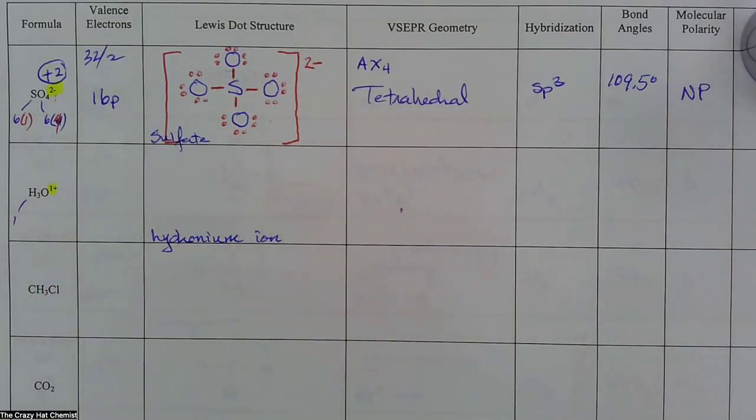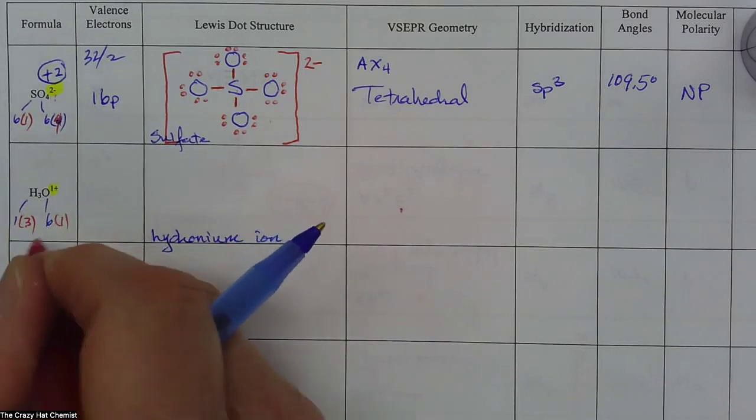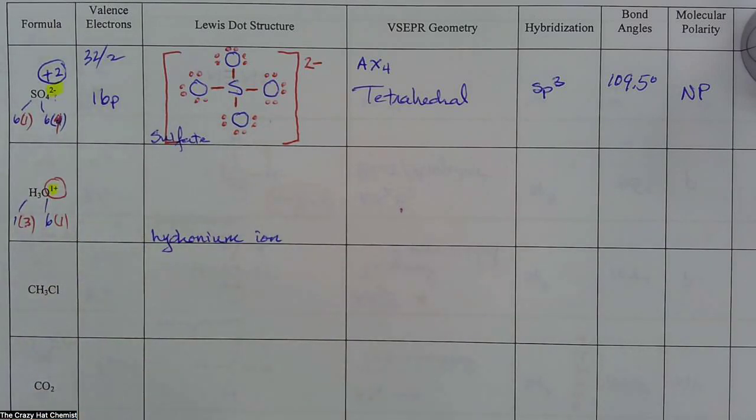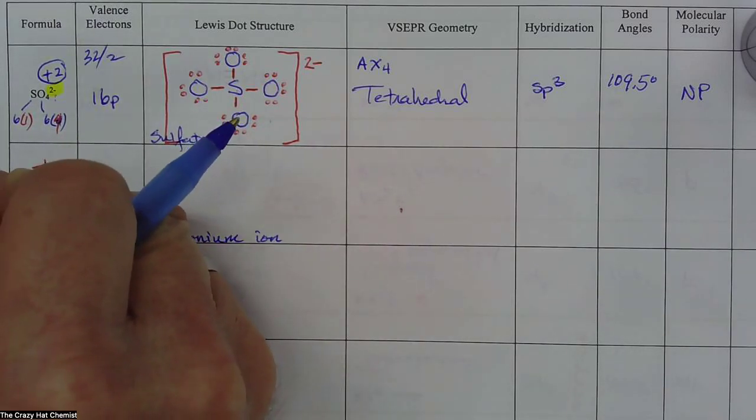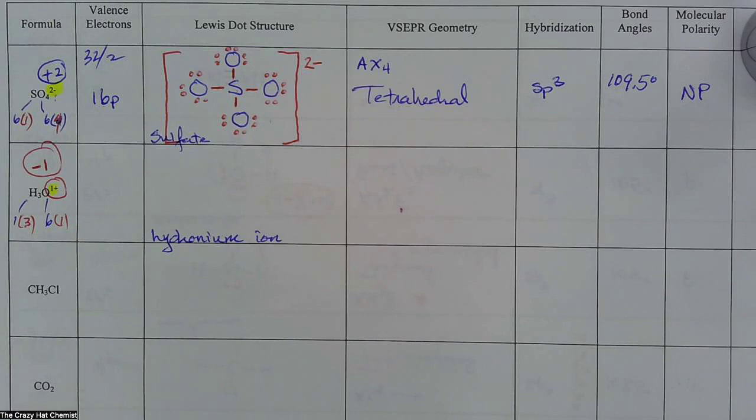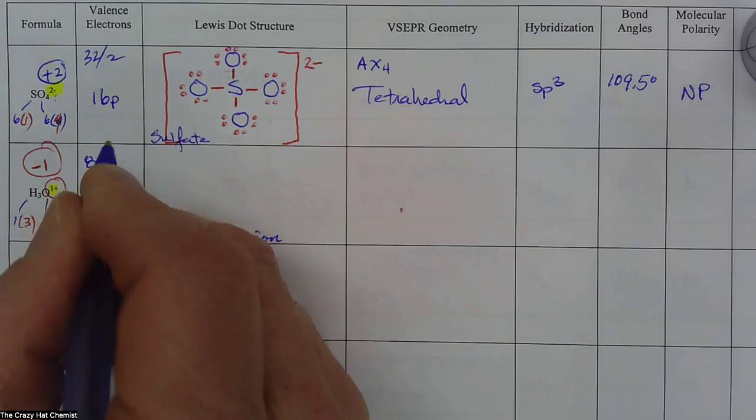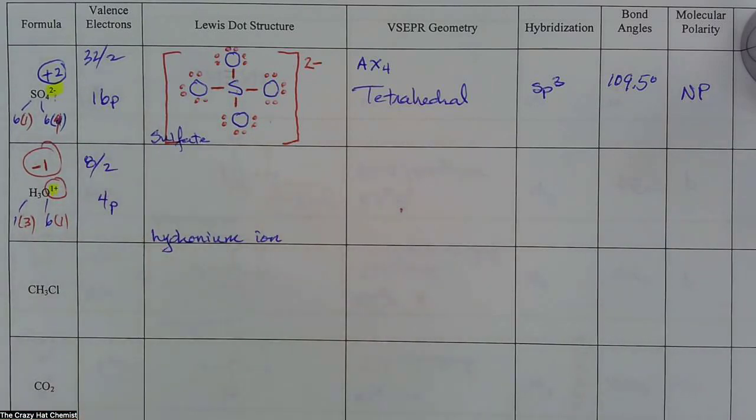That is 1 valence electron, of which there are 3, and 6 valence electrons, of which there is 1. Now this has a positive charge, so I'm going to subtract 1 because of that positive charge. So the total number of electrons is 8, divided by 2. That's 4 pairs.